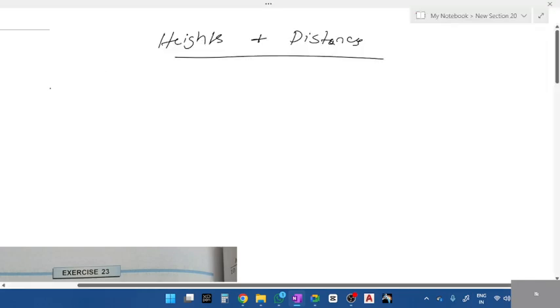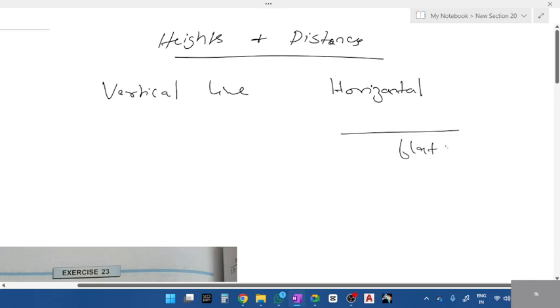What do you mean by vertical, students? Horizontal means flat, right? Vertical: look at the alphabet V. Remember like this, V has to be a straight line. Anything which is straight we call vertical.